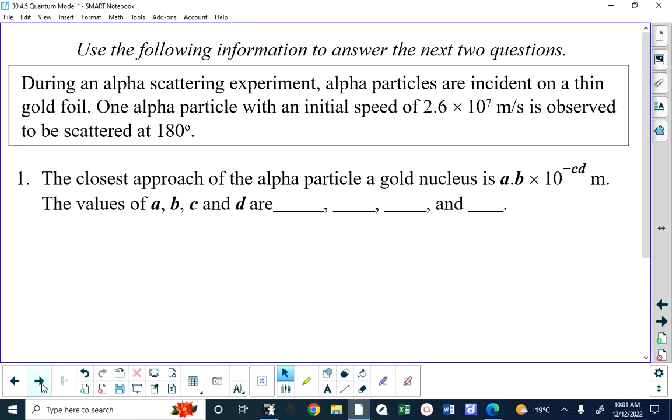Carly? Well, it would have to hit it right dead center. Have to be dead center. And that means it's going to approach and slow down and slow down and slow down and then change direction. It has to come to a stop. This particular alpha particle, when it gets as close as it can to the nucleus, has to momentarily stop and then change direction.